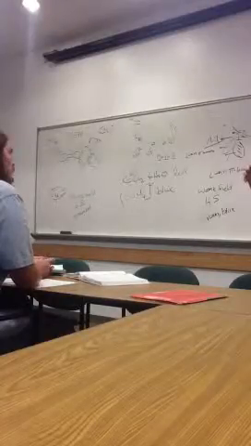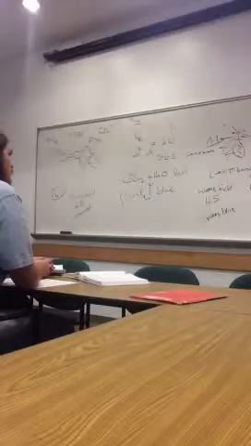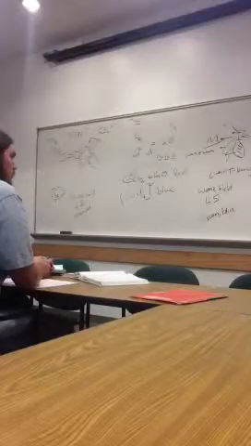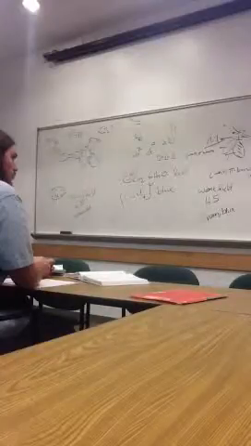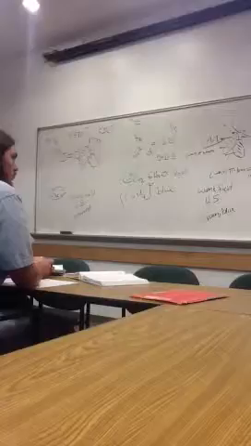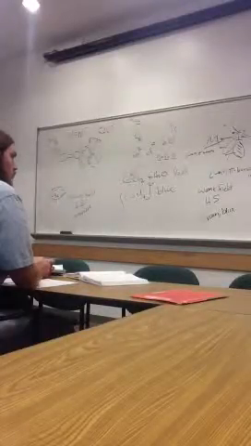So when one bonds, the other ones bond more readily. But we'll talk about that in greater detail when we get to the very last chapter we're going to do, the inorganic chapter 16.